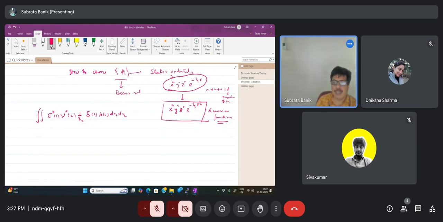What is the advantage? If I use Gaussians, this is a Gaussian, this is a Gaussian, this is a Gaussian, this is a Gaussian. The product of two Gaussians is a single Gaussian.